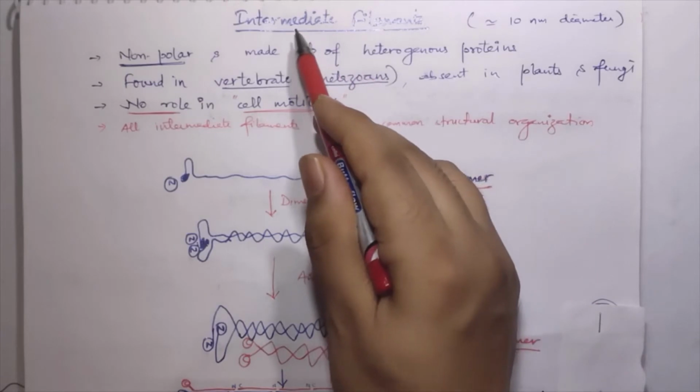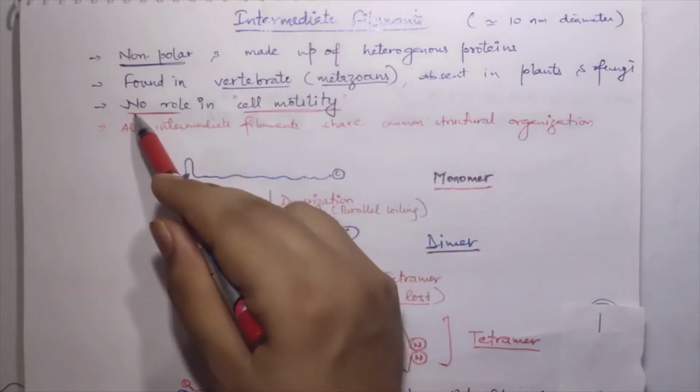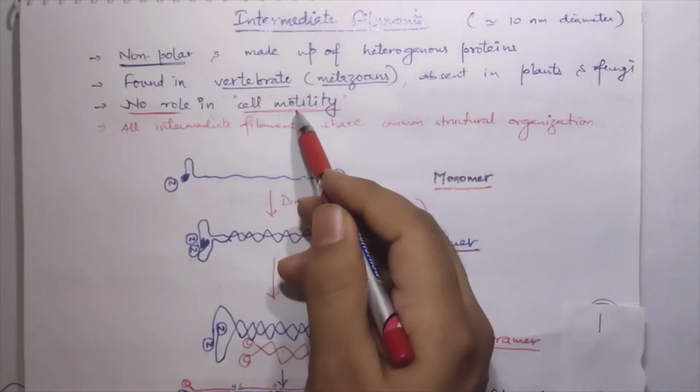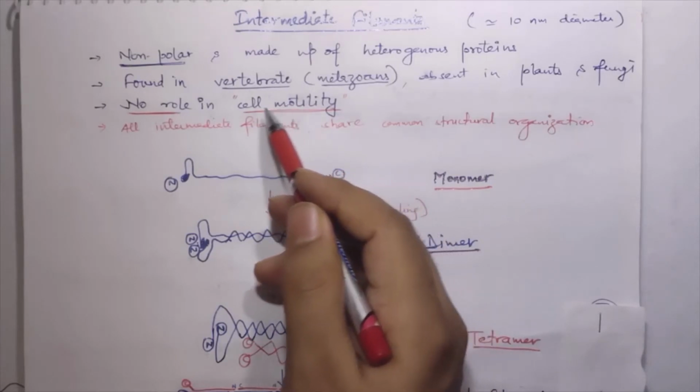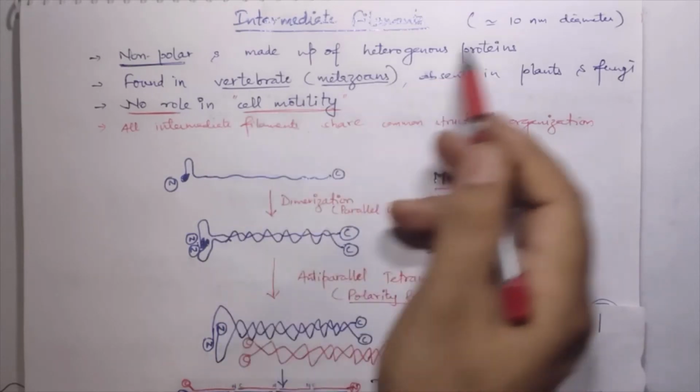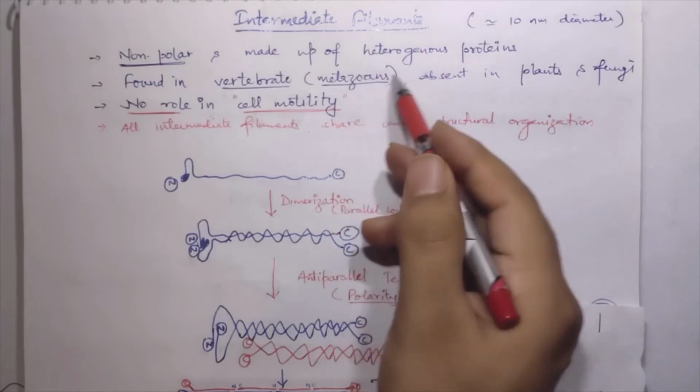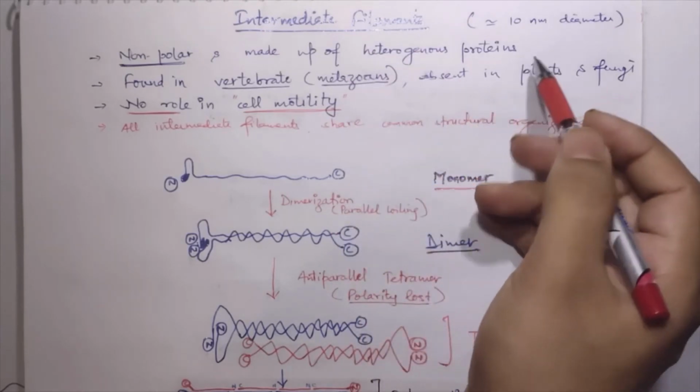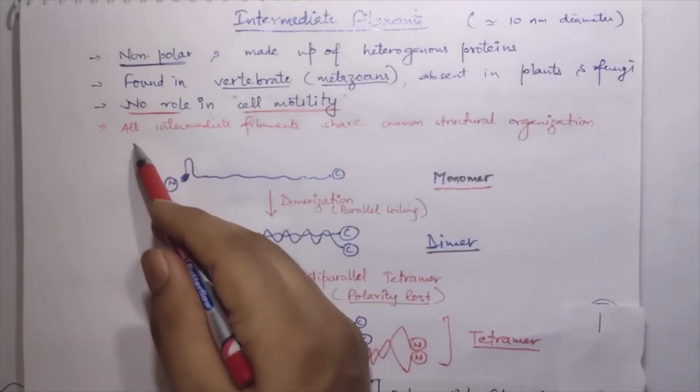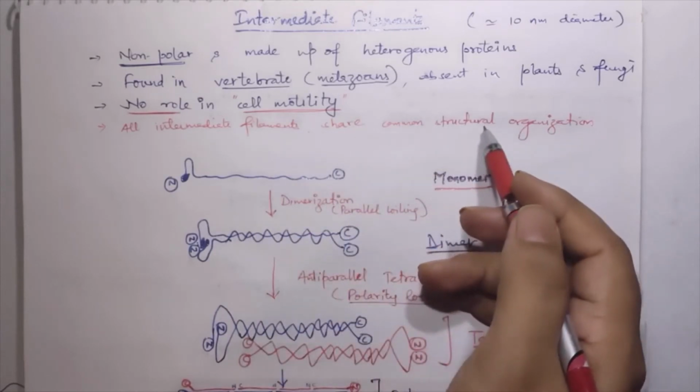But intermediate filaments have no role in cellular motility. One thing which is common among these different heterogeneous protein filaments is that they share a common type of structural organization.